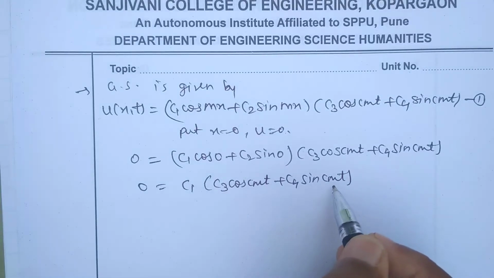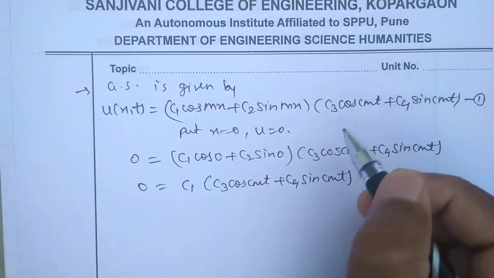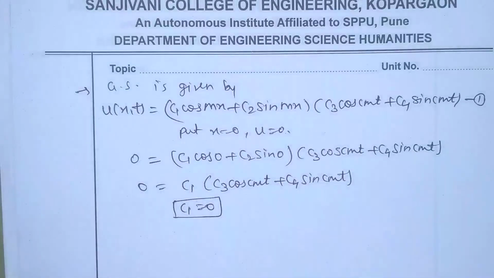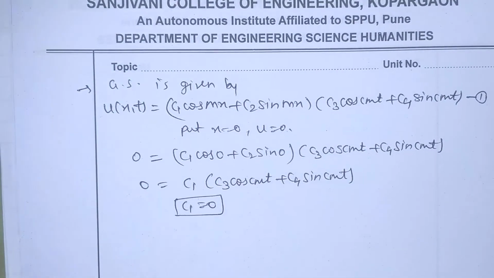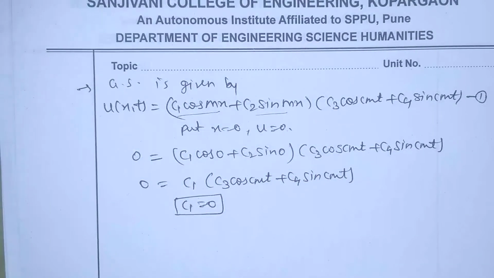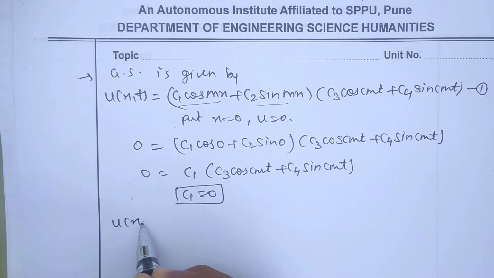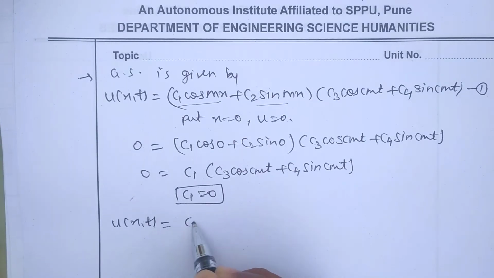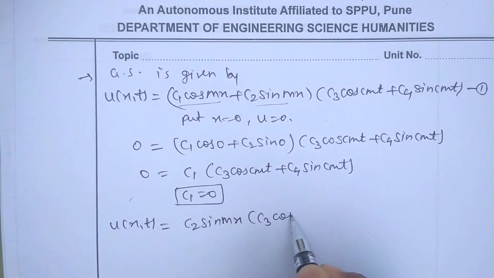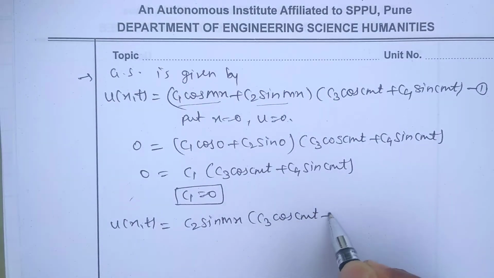Now this bracket is not 0 because it is present in equation number 1. That means the value of c1 is 0. So put c1 = 0 in equation number 1. This term gets eliminated, and we get only this term multiplied by this term. So u(x,t) = c2 sin mx (c3 cos cmt + c4 sin cmt).